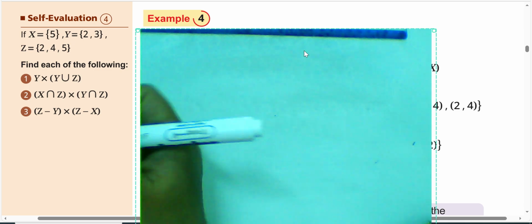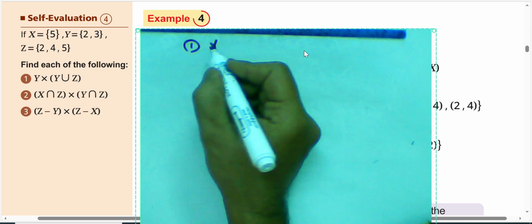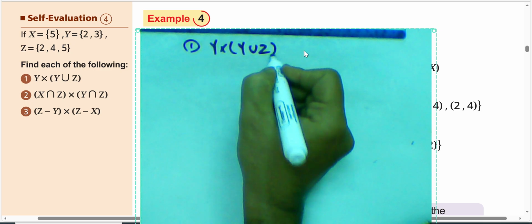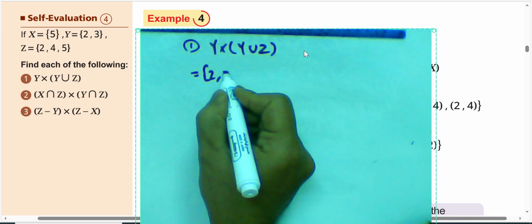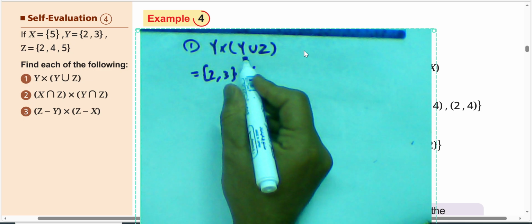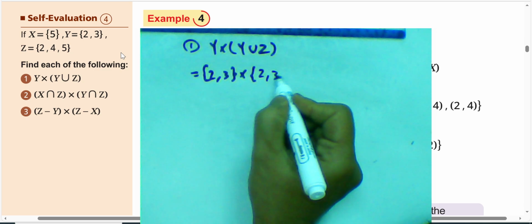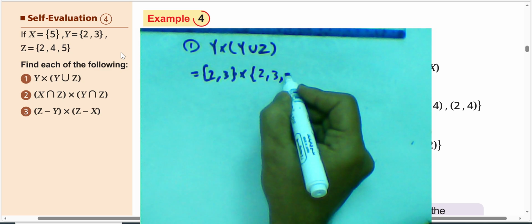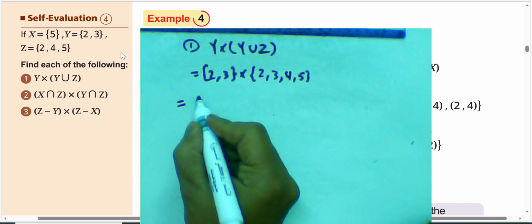We want to find, number 1, Y Cartesian product by Y union Z. First, the set Y is {2, 3}, Cartesian product with Y union Z. Look, Y and Z, we can add together Y and Z. 2 and 3 are the elements of Y union Z. Z has 2, 4, 5. You can write 4 and 5 because 2 is right here. Don't repeat 2.